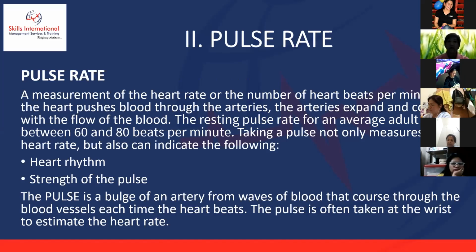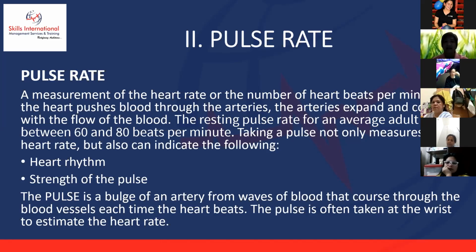As the heart pushes blood through the arteries, the arteries expand and contract with the flow of blood. The resting pulse rate for an average adult is between 60 and 80 beats per minute. But in some other books or references, the pulse rate is between 60 and 100 beats per minute.